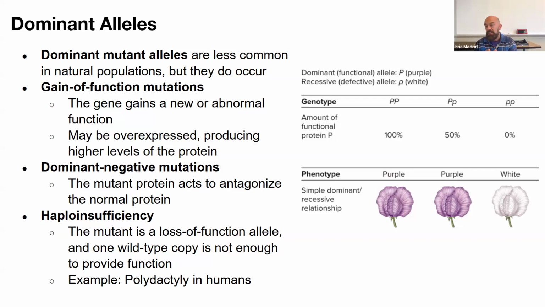So somehow this mutant protein goes out and attacks the dominant version. Or it could be that this mutant is a loss of function, and then the remaining wild type copy isn't enough to compensate. So you end up not having that dominant trait. Instead, you're going to have some other version, which we're going to call recessive, but really it's probably a loss of that protein's ability to do anything.